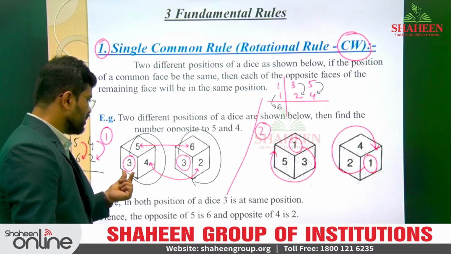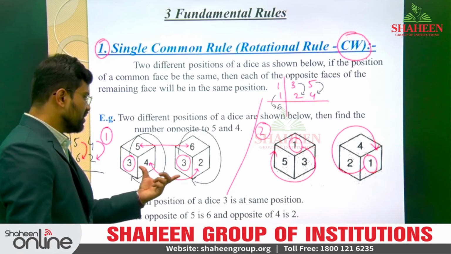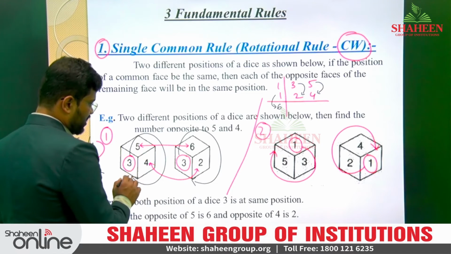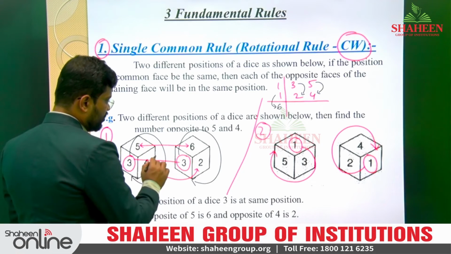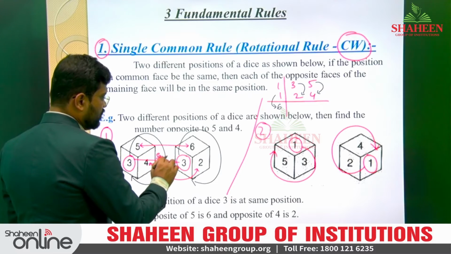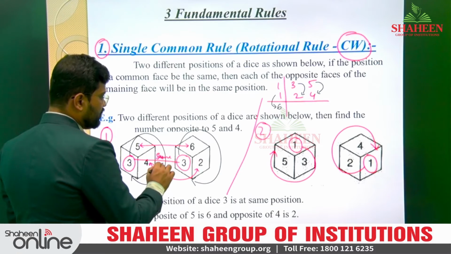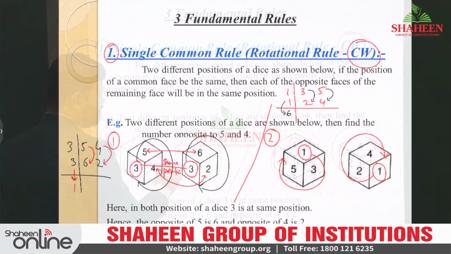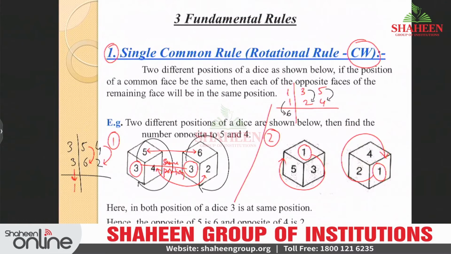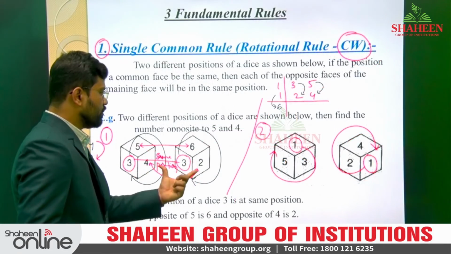If the position of the common element in both the dice is the same, as with 3 and 3, then I need not solve it. The elements left on the respective faces are opposite to each other: 5 is opposite to 6 and 4 is opposite to 2.